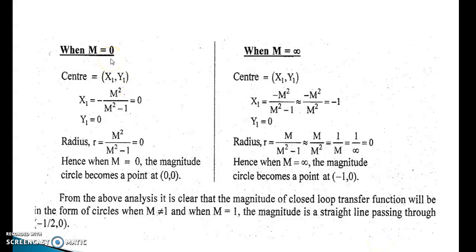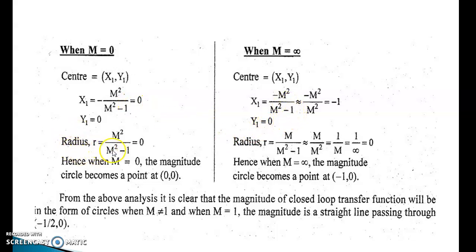When m is equal to 0, center (x1, y1): x1 is equal to minus m square by m square minus 1, which is equal to 0, and y1 is equal to 0.